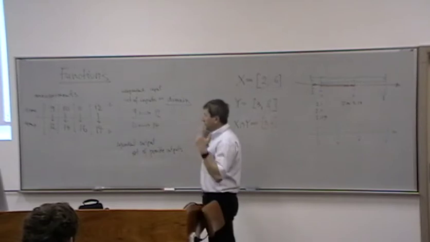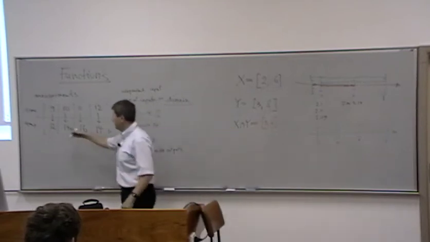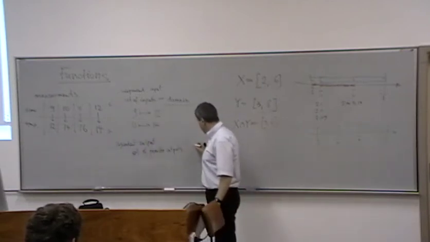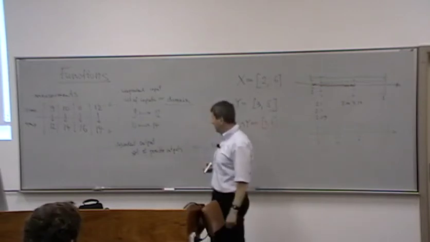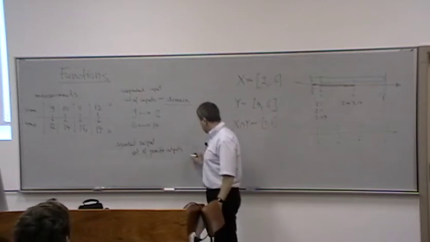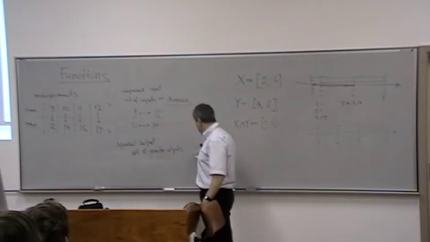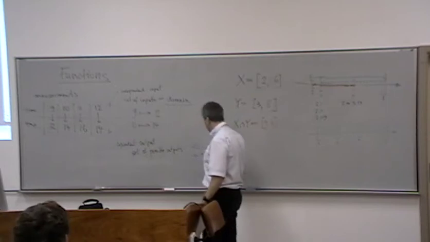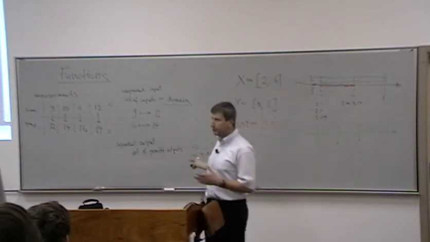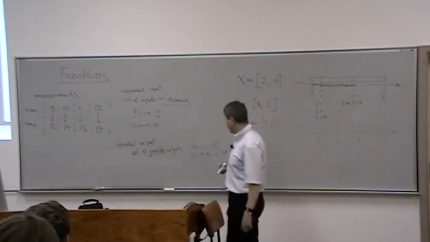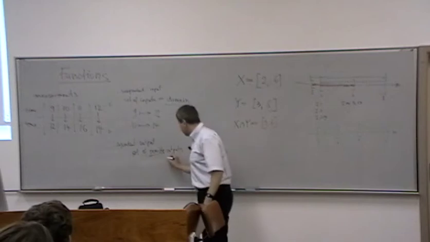So assume you use a thermometer which starts, say, at minus 10 degrees and goes up to 50 degrees in steps of 1. So in this sense, the only possible readings of your thermometer would be minus 10, minus 9, minus 8, and so on until 50. Your thermometer would not allow you to read anything else. So this would be the set of possible outputs, and this set of possible outputs is called the codomain.